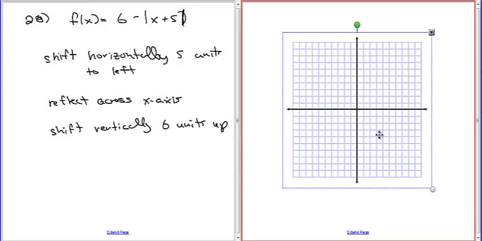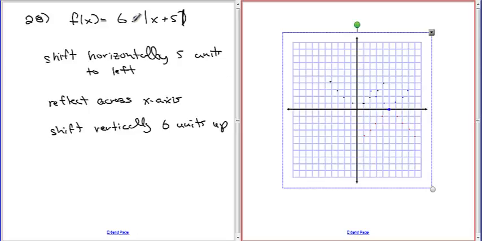So our absolute value function, our base function, is like this. First we shift it horizontally 5 units, so 1, 2, 3, 4, 5 starts there. That's my anchor point, and I go up diagonally like that. Reflect across the x-axis, so the ones that are above the x-axis go below the x-axis like that, and it goes diagonally downward.